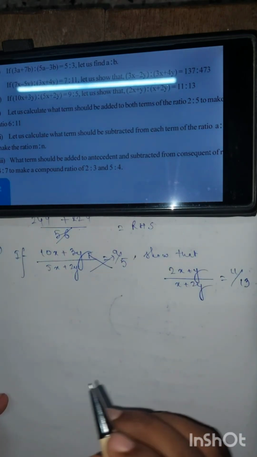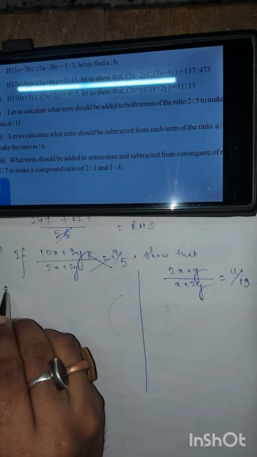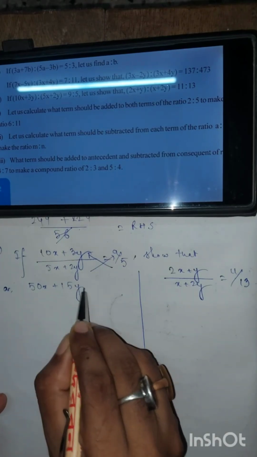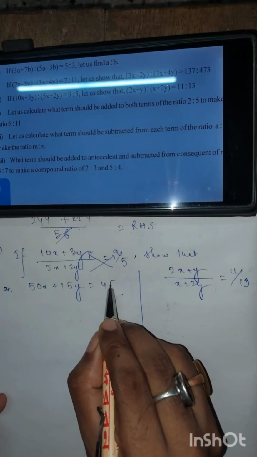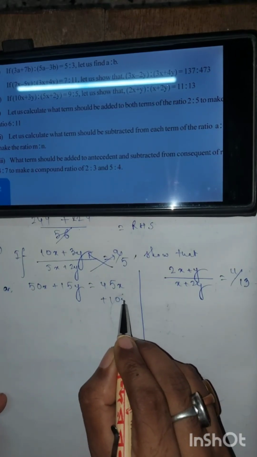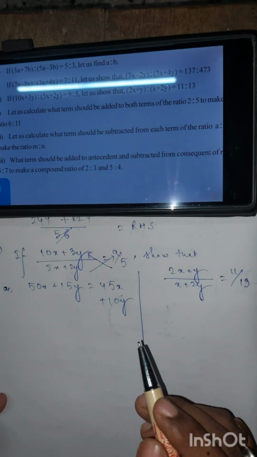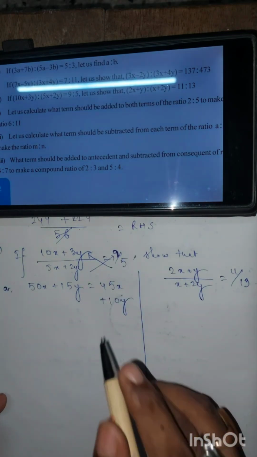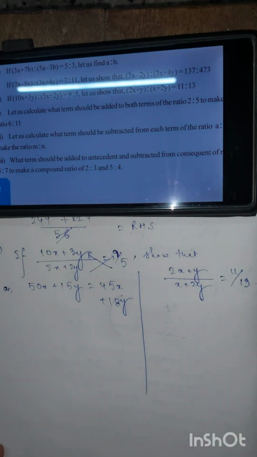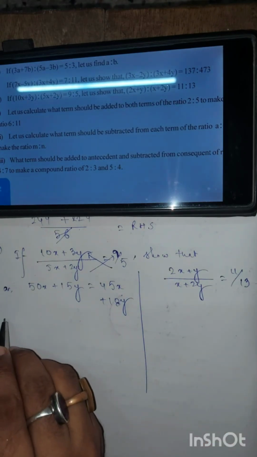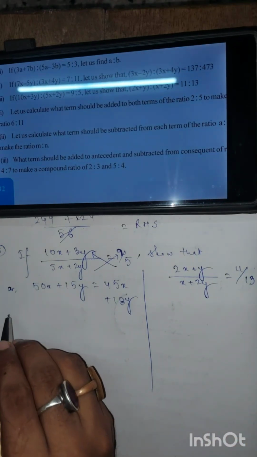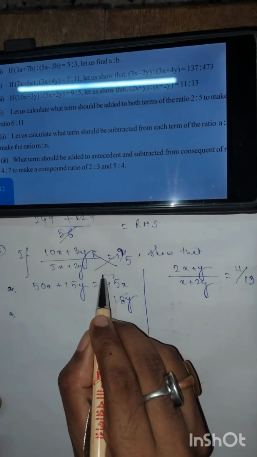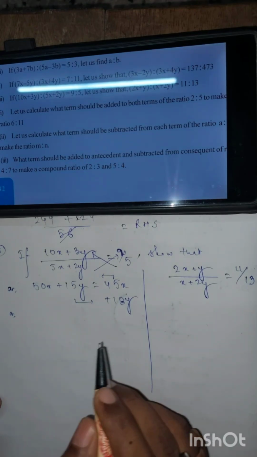By cross multiplying both sides of the equation, we get, so 45x is transferred to the left side and 15y is transferred to the right side.